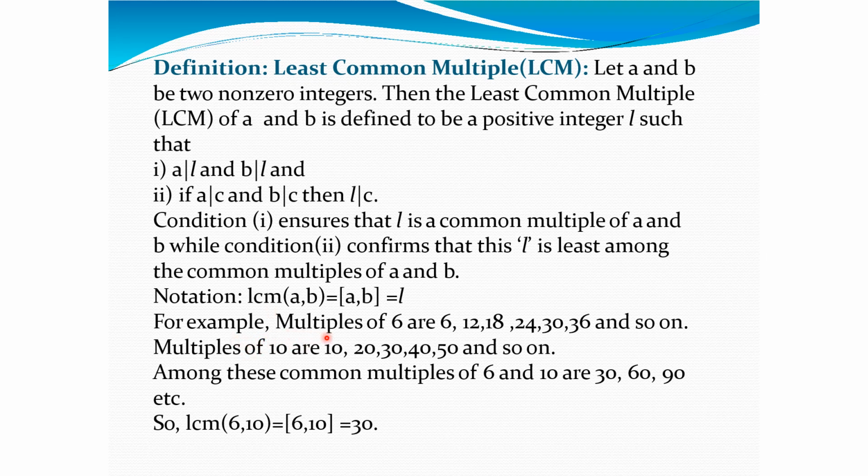Multiples of 6 are 6, 12, 18, 24, 30 and so on. Similarly multiples of 10 are 10, 20, 30, 40, 50 and so on. The common multiples are 30, 60, 90 and so on. So there are infinite common multiples of 6 and 10. But among all these common multiples, least is 30 because 30 divides all common multiples of 6 and 10. So LCM of 6 and 10 is 30.